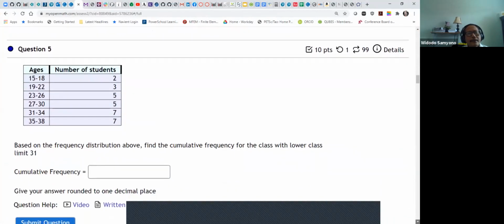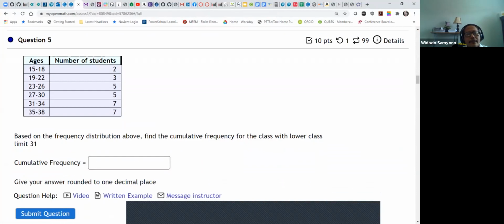And the next one, what is the cumulative frequency? Cumulative frequency is simply like this. If you're looking for the cumulative frequency for this class, you need to add these two. You get 5. So the cumulative frequency for this class will be 5.